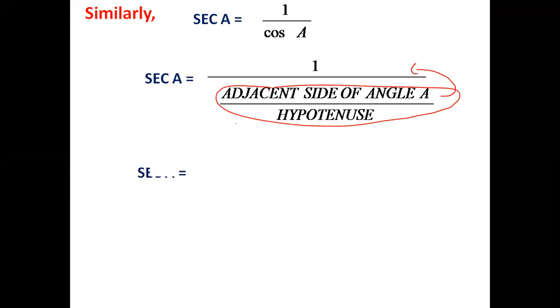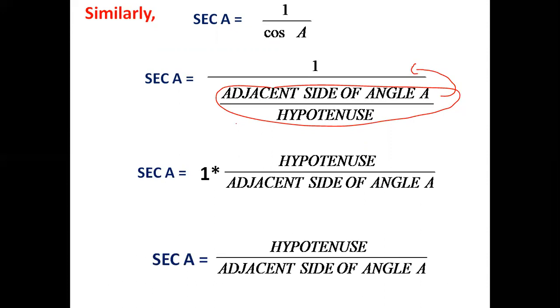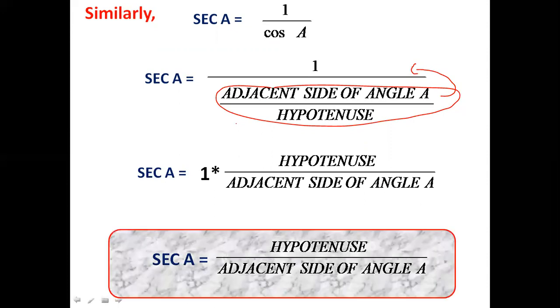So sec A is equal to 1 into hypotenuse by adjacent side of angle A. So sec A is equal to hypotenuse by adjacent side of angle A. This also you have to remember as a formula.